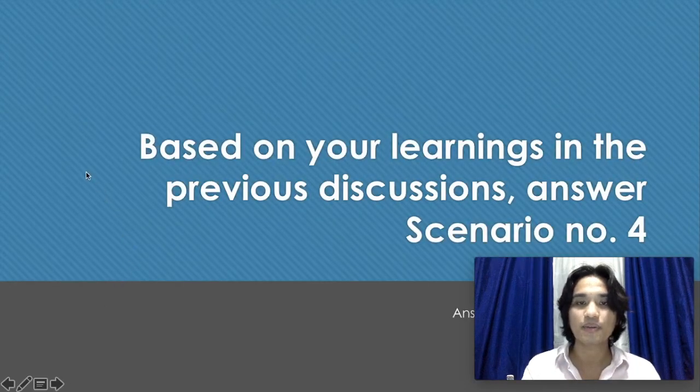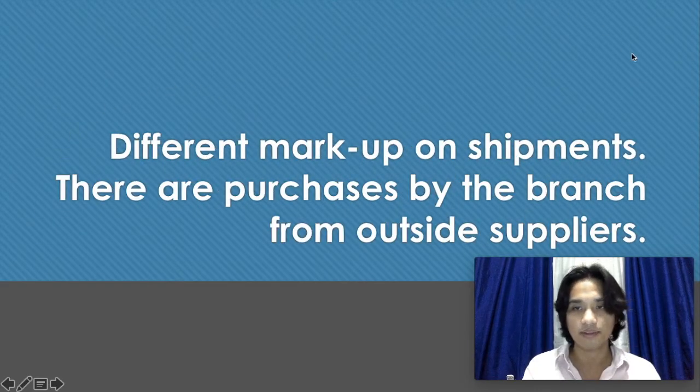For scenario number 4, I'll leave this to you for you to answer. Different markup on shipments, plus purchases by the branch from outside suppliers, and the answer will be given at the end of the video. Check your answer if it's correct.